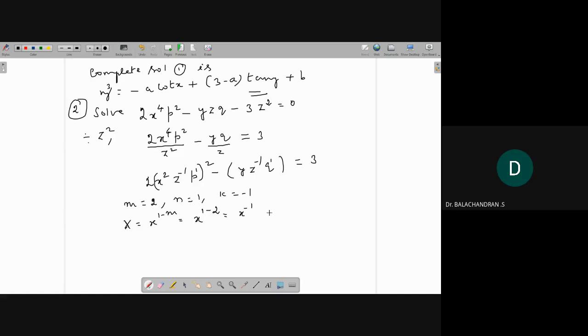Capital X is equal to x power minus 1. What is capital Y? Log y. Yes, log y. Okay, log y and capital Z.